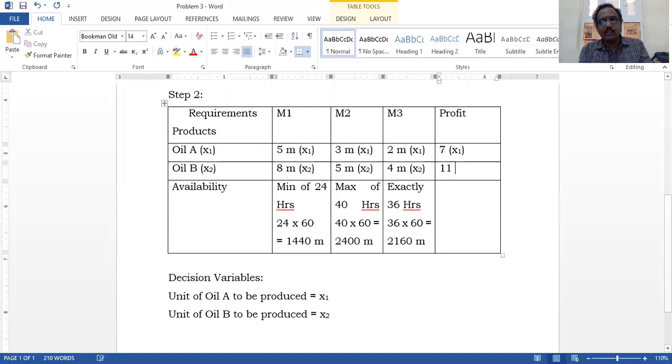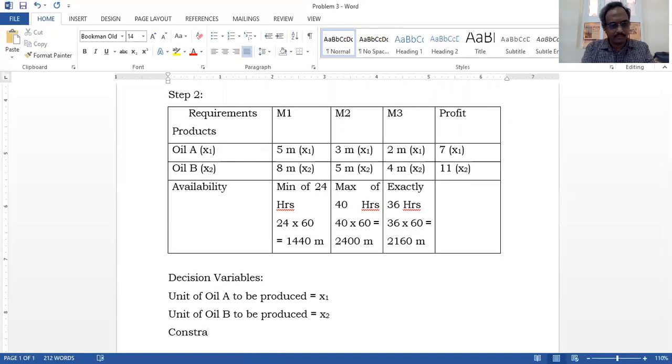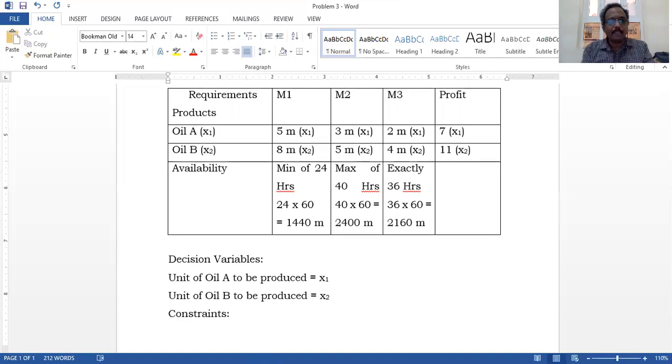Then we are going to form the constraints or conditions. We said we are going to make the constraint for the availability of the resources.